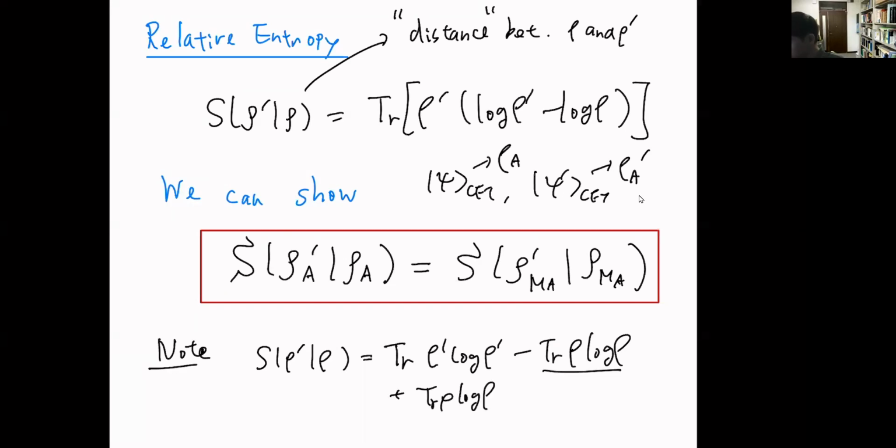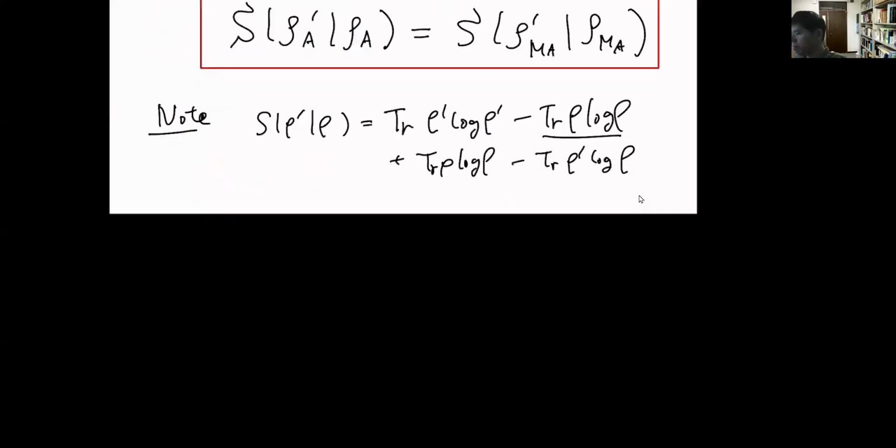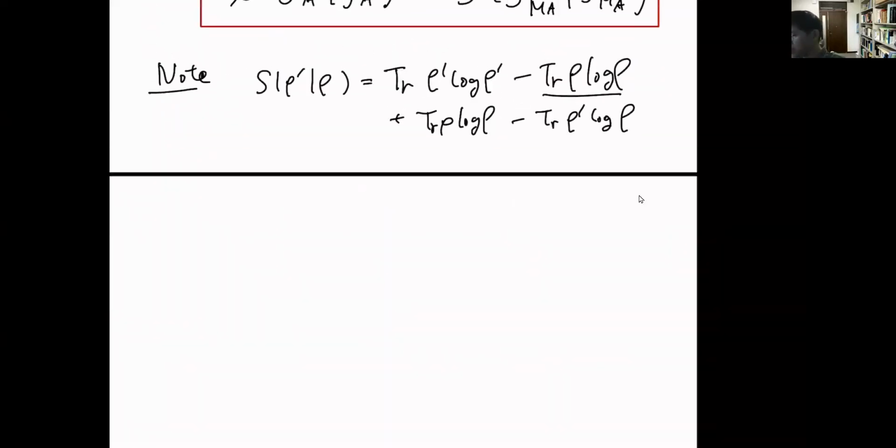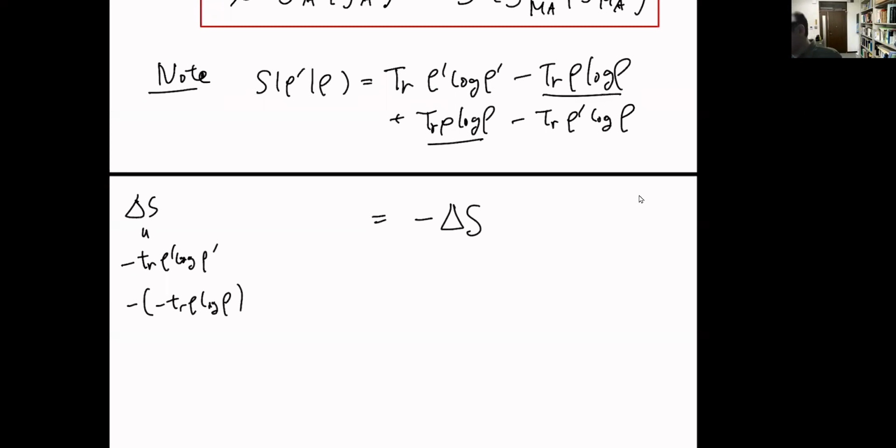The original contribution is the term rho prime log rho. You can regard the first one as a difference of entropy.